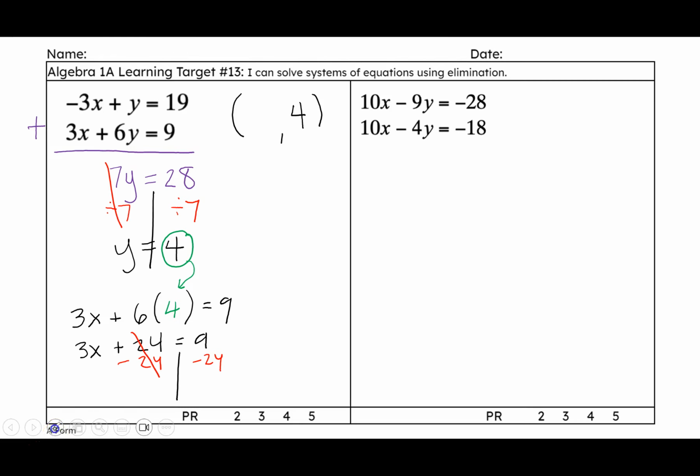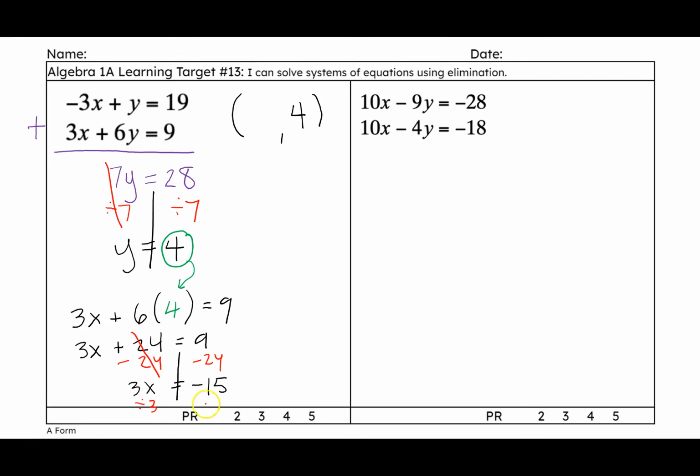And then I will get 3x equals whatever 9 take away 24 is. 9 take away 24 is negative 15. All right, last step to solve for x is to get rid of the coefficient, that multiplier of 3.